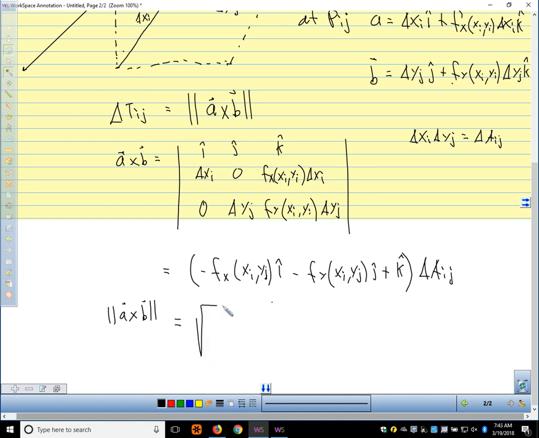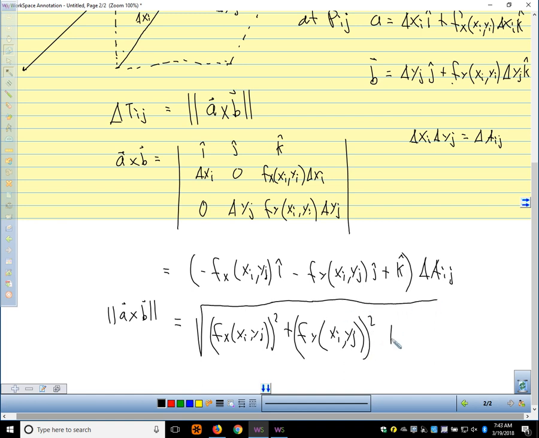It is the square root of f sub x at x sub i, y sub j squared, plus f sub y at that point squared, plus 1, times delta A sub ij.